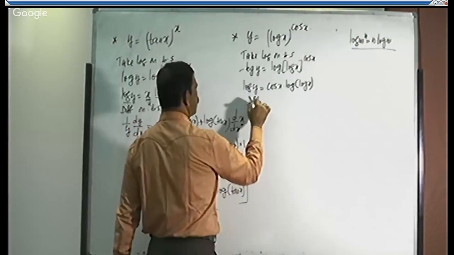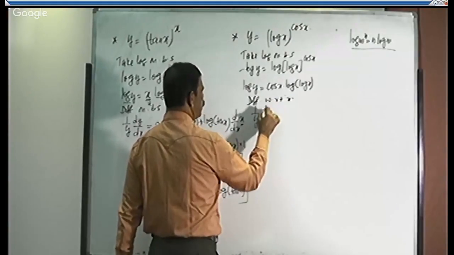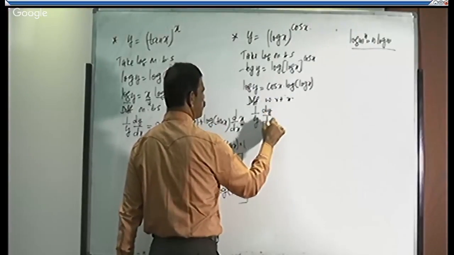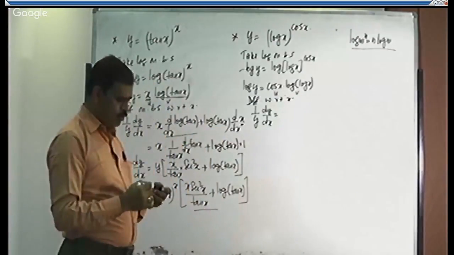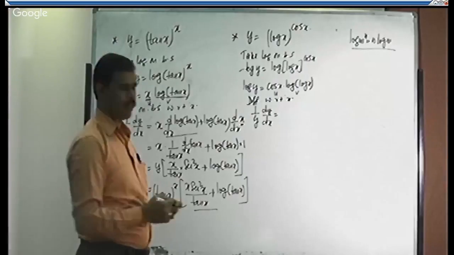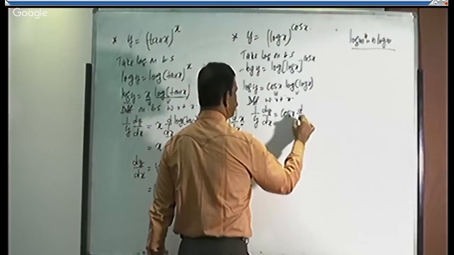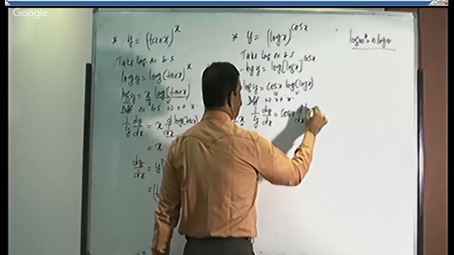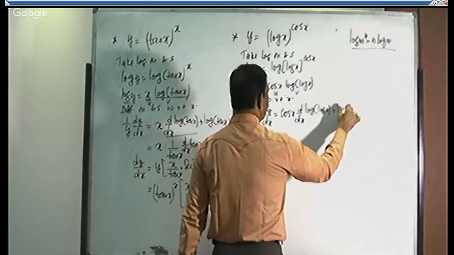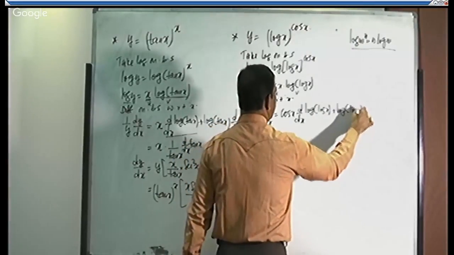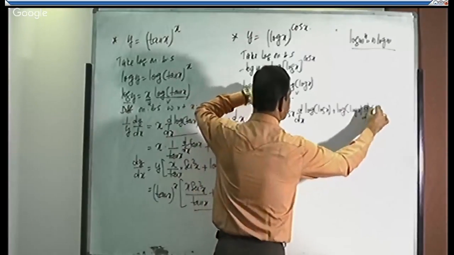On differentiating with respect to x, we get 1 by y into dy by dx is equal to product rule. Cos x is u, log x is v, right? u into d by dx of log x, plus log x into d by dx of u, that is cos x.